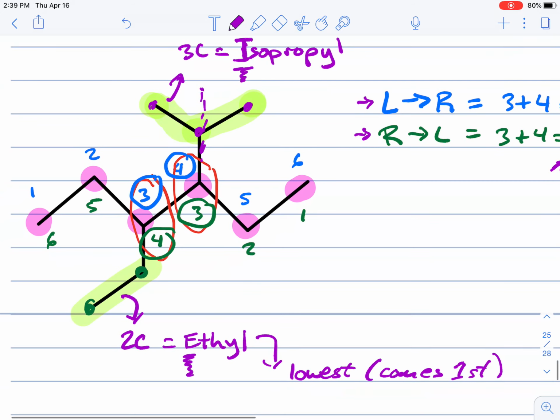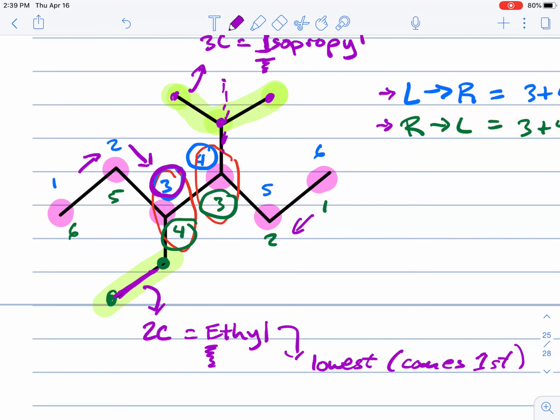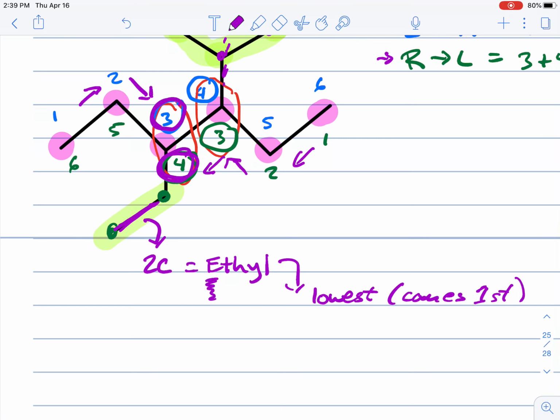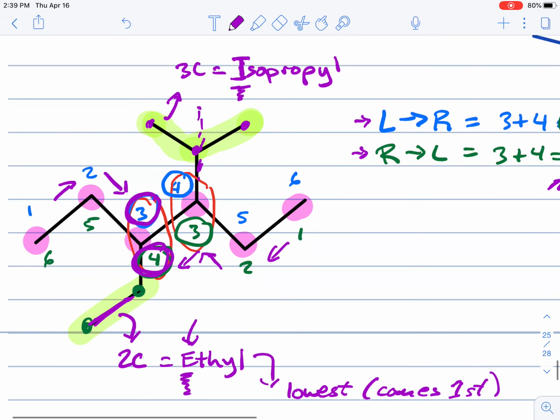If you look at the path going from left to right, carbon 3 would describe ethyl. If you go from right to left, carbon 4 would describe ethyl. And so you want the lowest carbon number to describe your first substituent, which is ethyl, because E comes before I.